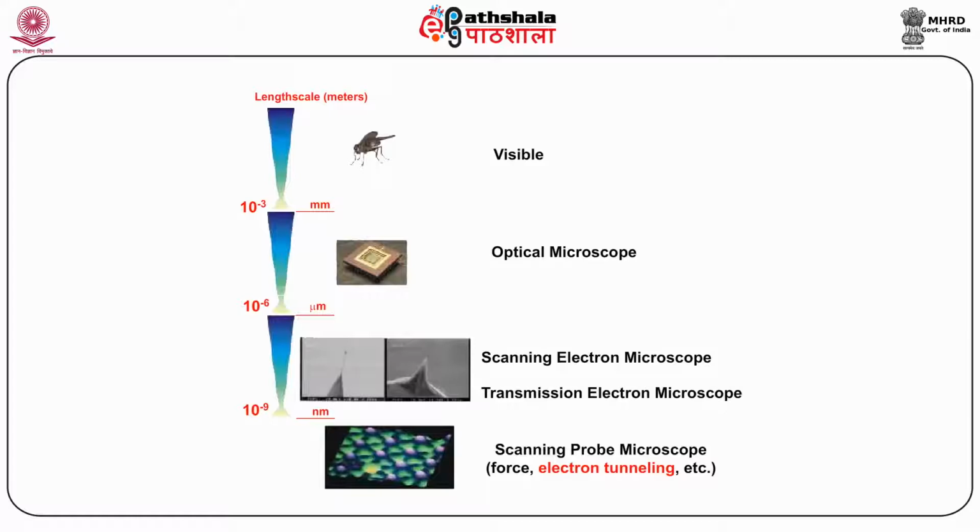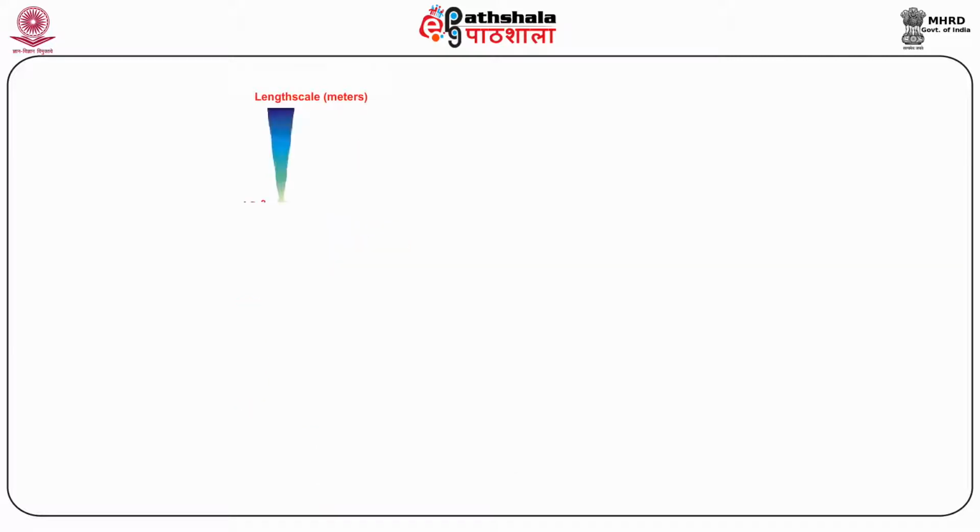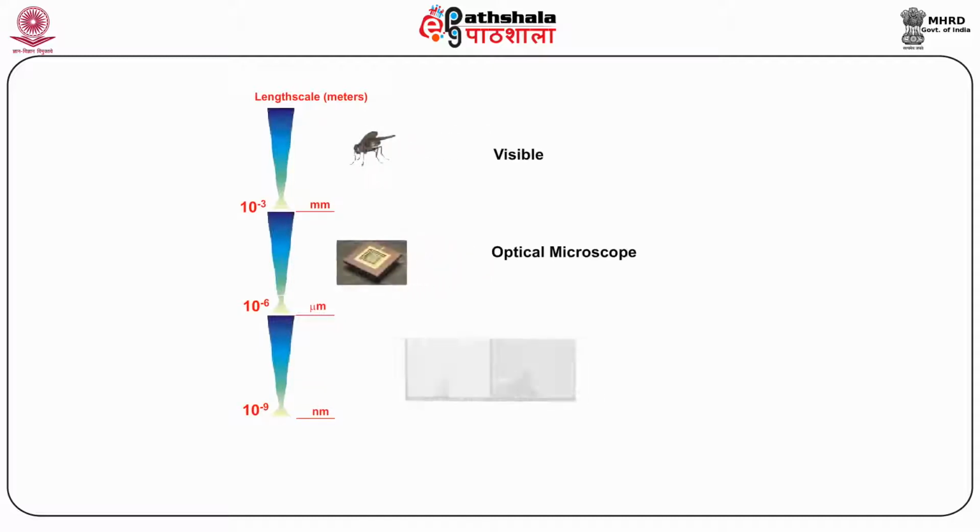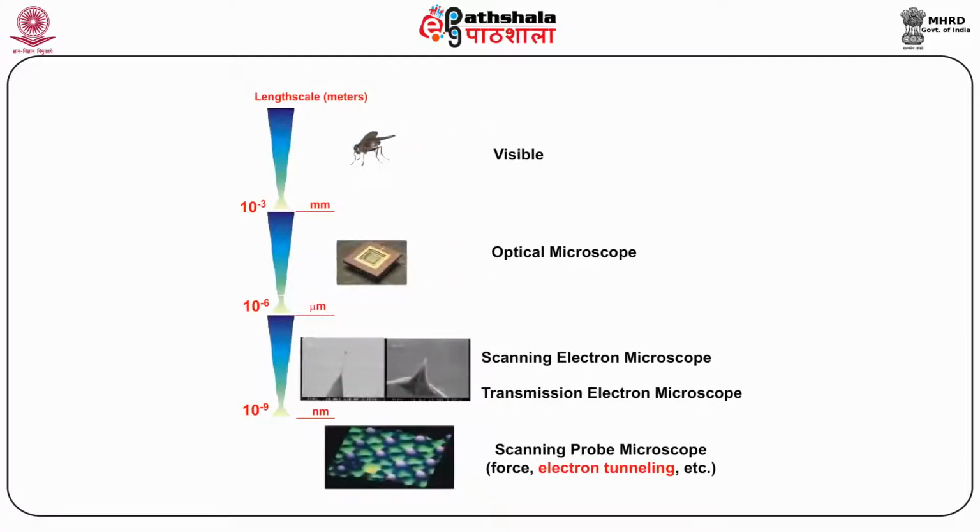Here in this slide, some scales have been shown which can be scanned or seen with the help of the scanning tunneling microscope. The first is up to 10 to the power minus 3 meters. It's visible; we don't need any support. But when we go to 10 to the power minus 6 meters, we require an optical microscope.